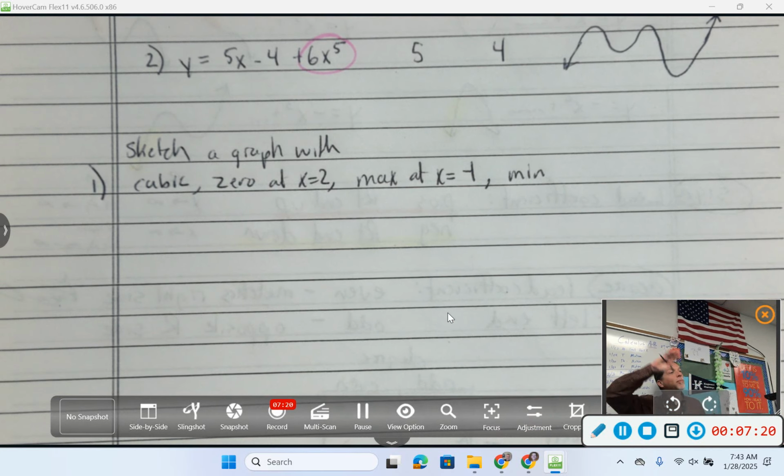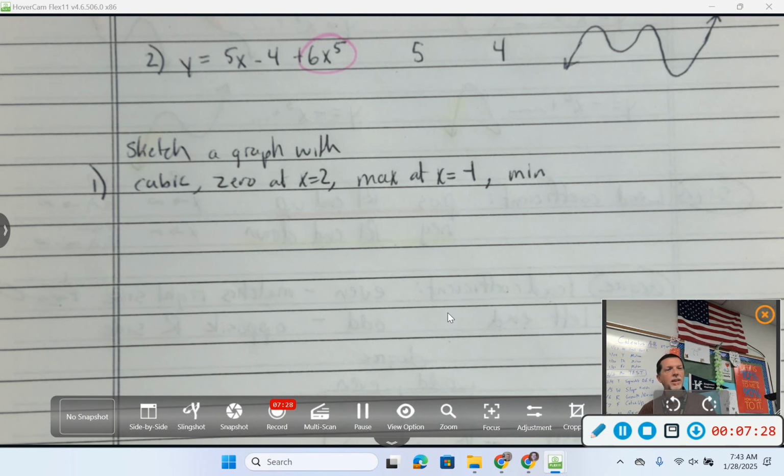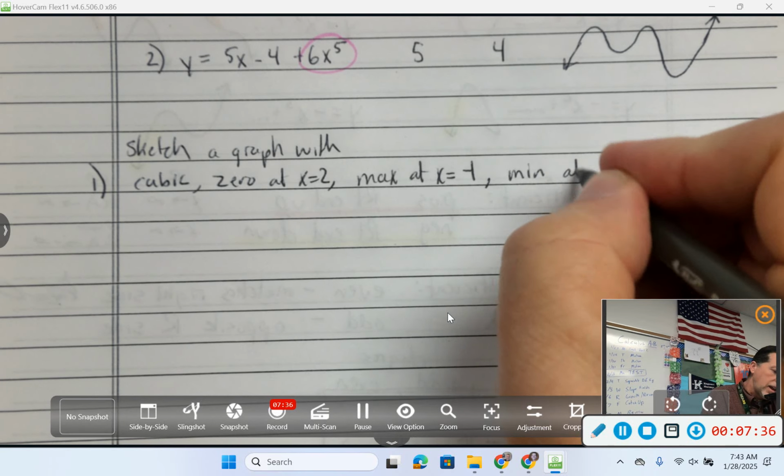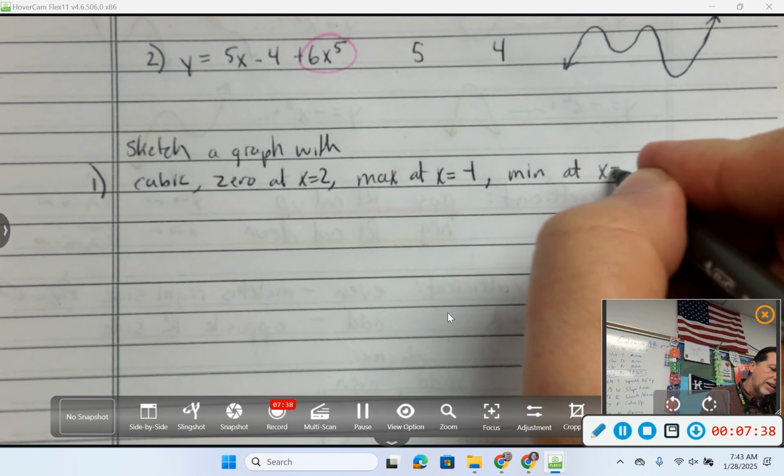Max, meaning like the top of the hill, at x equals -1. That doesn't tell us how high it is, it tells us where it is. That's a really good distinction, especially when we get into calculus, like where is the max versus what is the max. And a minimum at x equals -3.